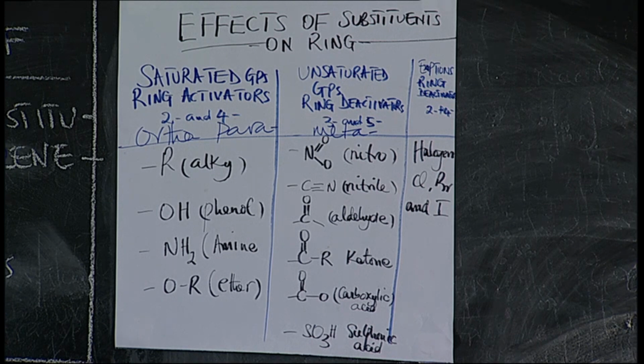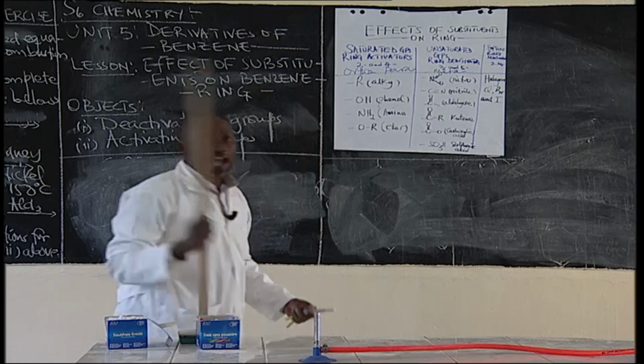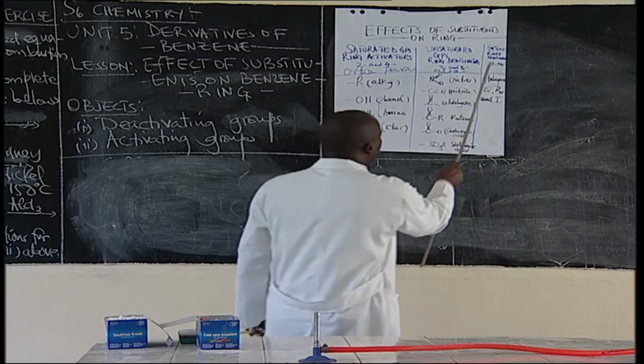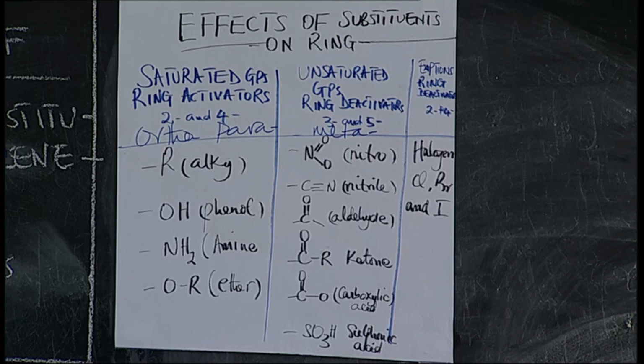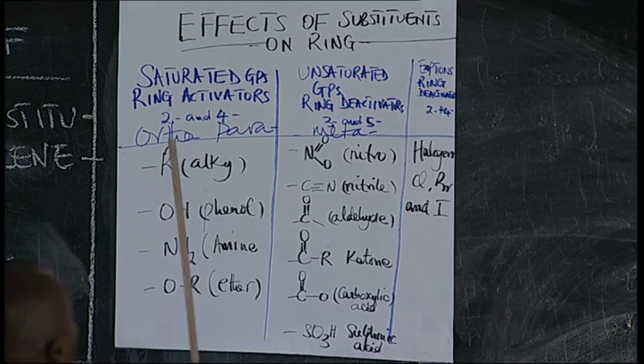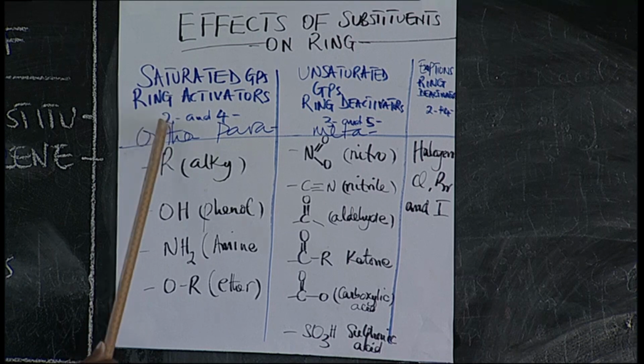So we have exceptions on the ring. When you have halogens, halogens are exceptions. They deactivate the ring. I'll just talk about what we mean by activating and deactivating. You remember when we said ring activators direct other substituents to 2 and 4 positions.